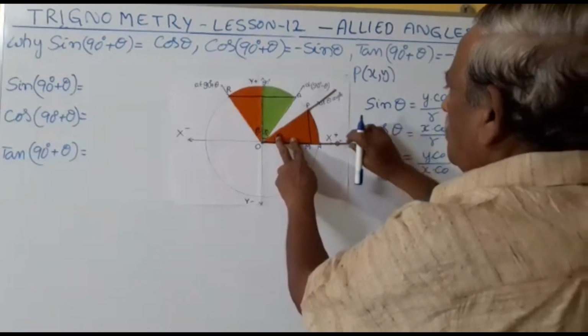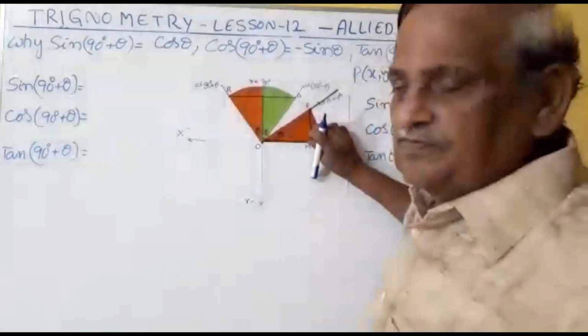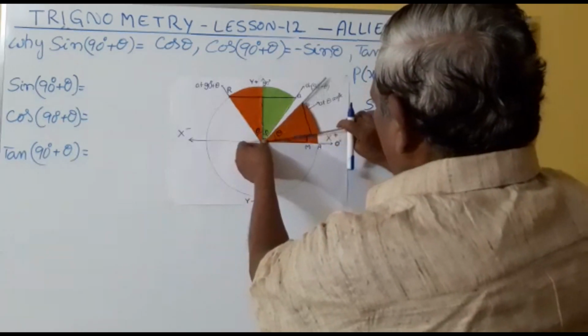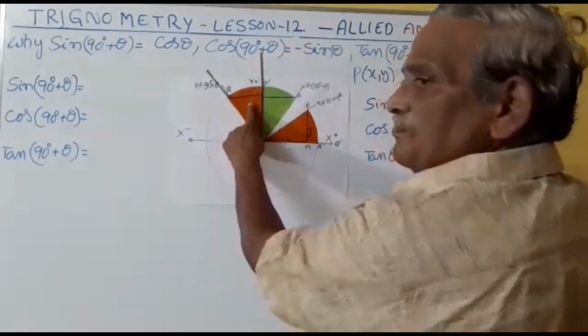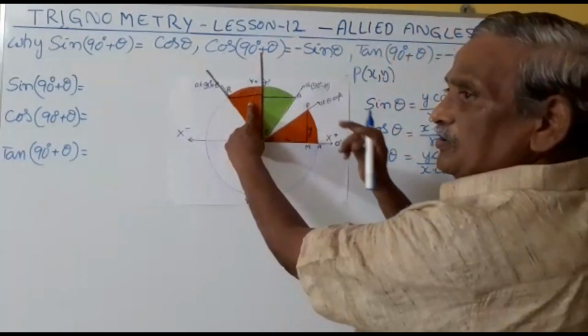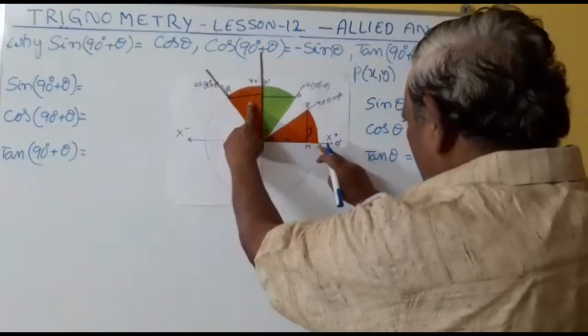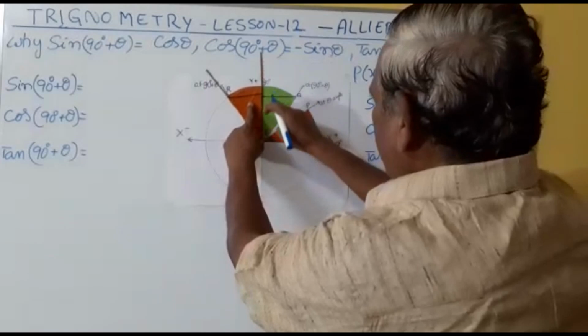Now, rotate the sector through an angle of 90 degrees. This is 90 degrees rotation. 90 degrees rotation means the ray at 0 degrees becomes the ray at 90 degrees.